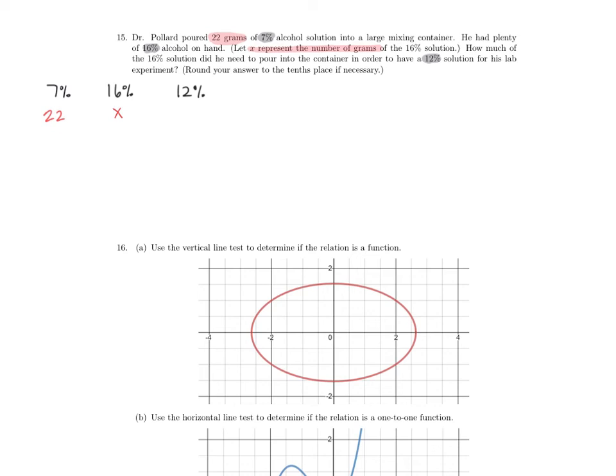If you're dumping the 7% and the 16% solutions together, the total number of grams is going to be the sum of what you just put in the same bucket. So 22 plus X is how much you're going to end up making in the end.